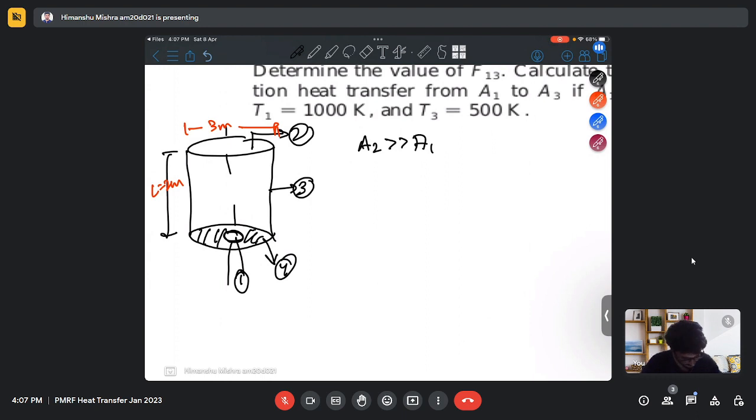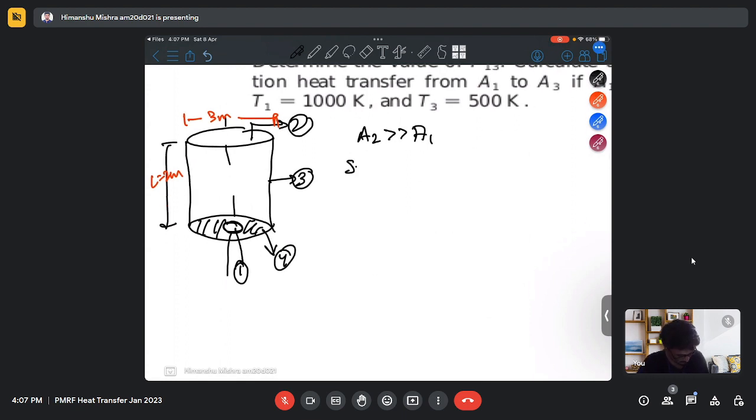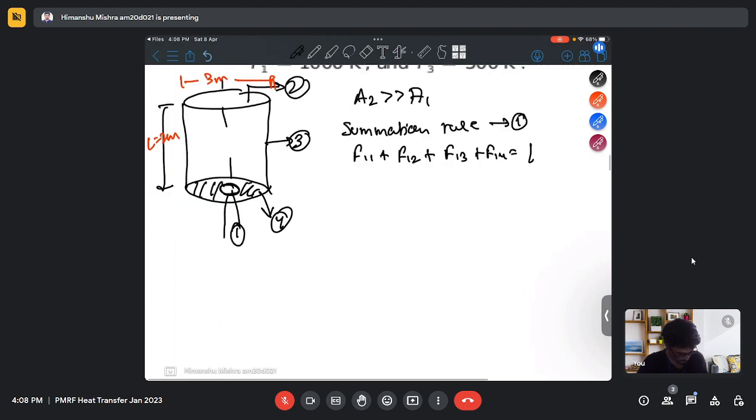So we have not been given anything related to the shape factor. So in this problem also we can use the empirical correlation, using the summation rule at surface 1.